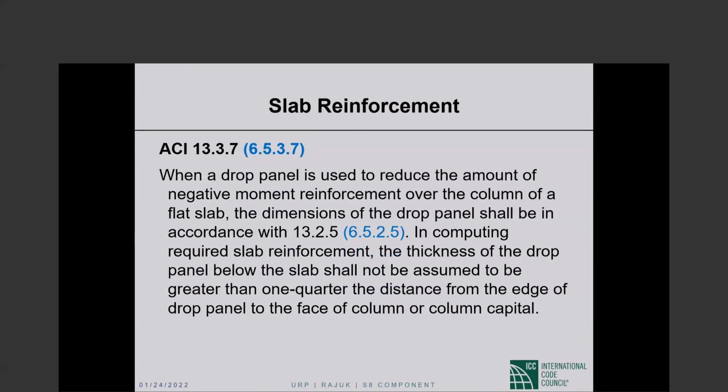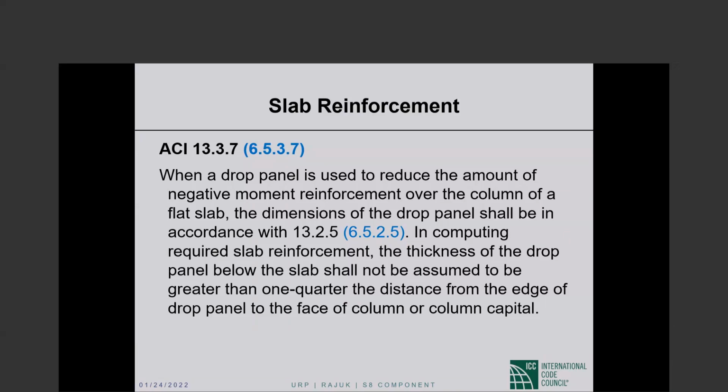When a drop panel is used to reduce the amount of negative moment reinforcement over the column of a slab, the dimensions of the drop panel shall be, we went over that. In computing required slab reinforcement, the thickness of the drop panel below the slab shall not be assumed to be. So you saw that the minimum thickness of the drop is 1/4 of the slab thickness.